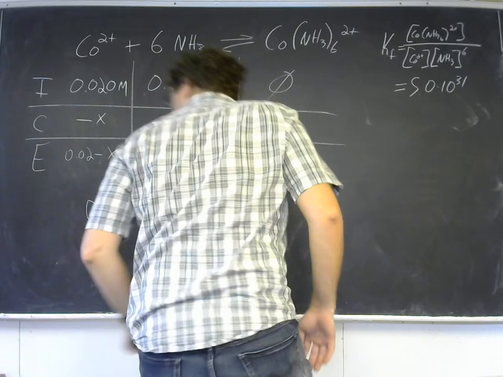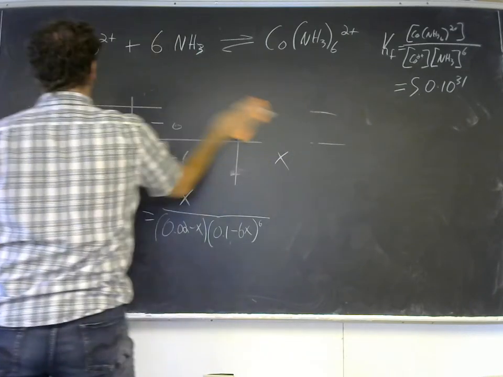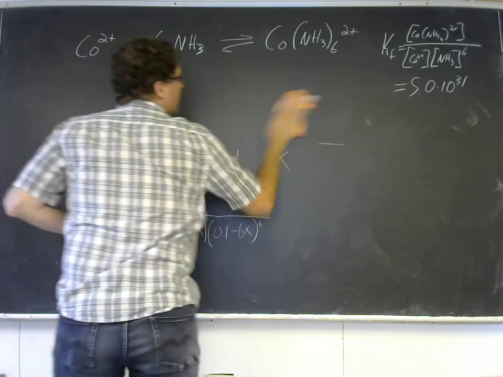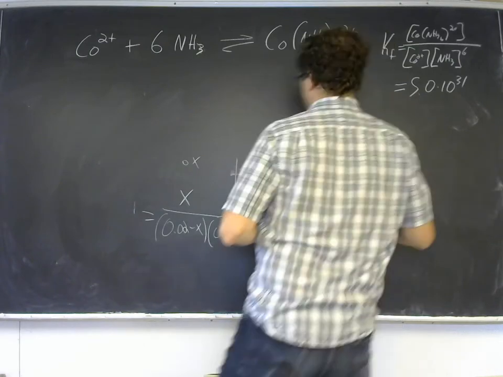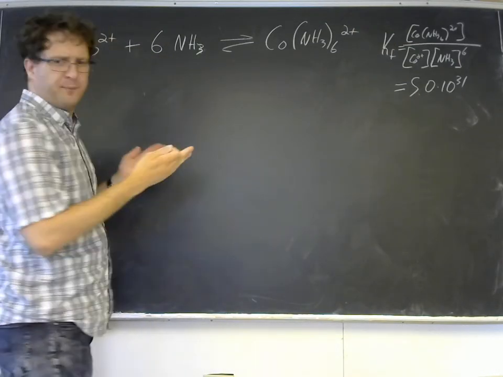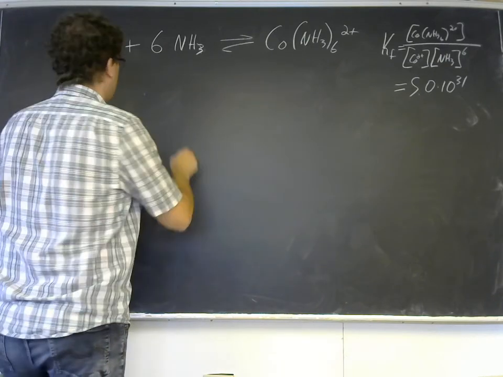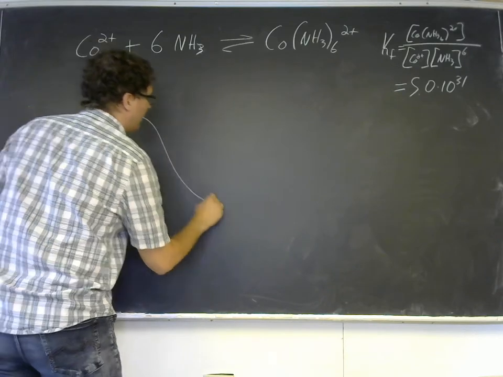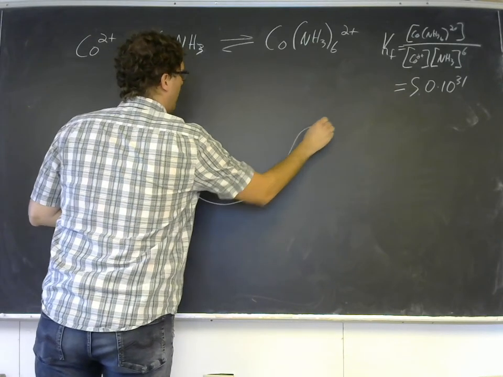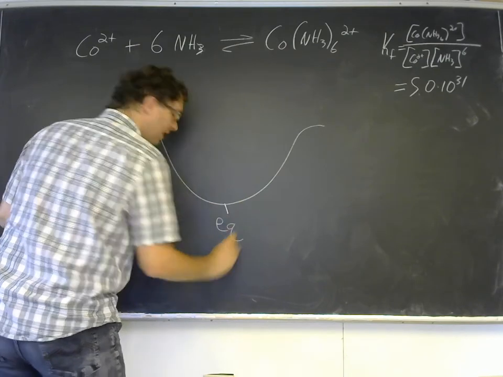Well, I'm just going to erase all of this. We'll end up redrawing a little bit of it in a second. We'll leave that. Okay. We can think of our chemical equilibrium system like a valley that has a middle point. We'll call this the equilibrium point.